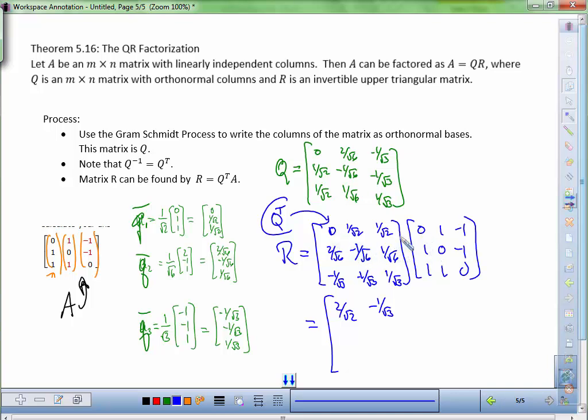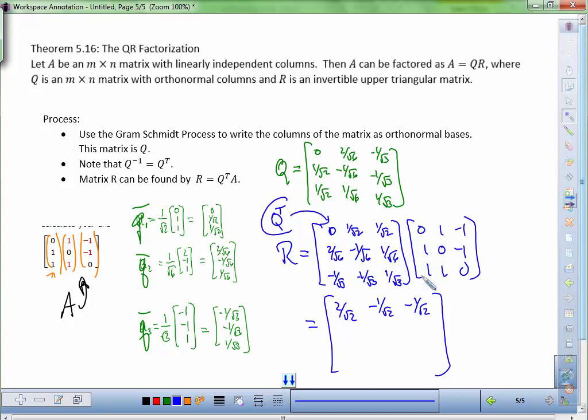And the first row and the third column, 0. It's like 1 over root 2, 1 over root 2. And then the first row and the third column, 0. I really, really want to pull out Mathematica right now. Okay. So the second one, there's a lot of zeros, so it's not too bad.